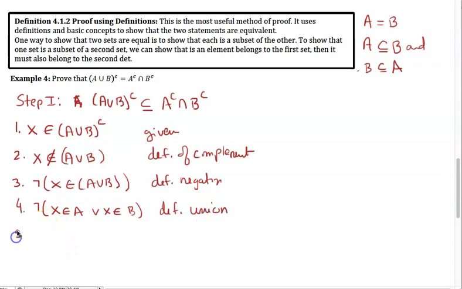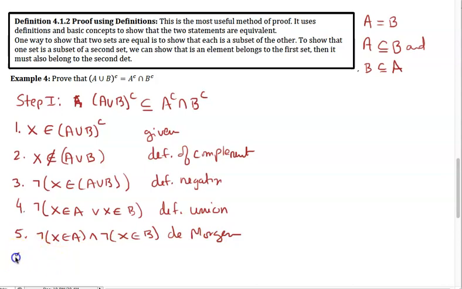So I'm negating the or of two propositions, so I can use De Morgan's law. So this is not X is in A and not X is in B. So this is De Morgan.